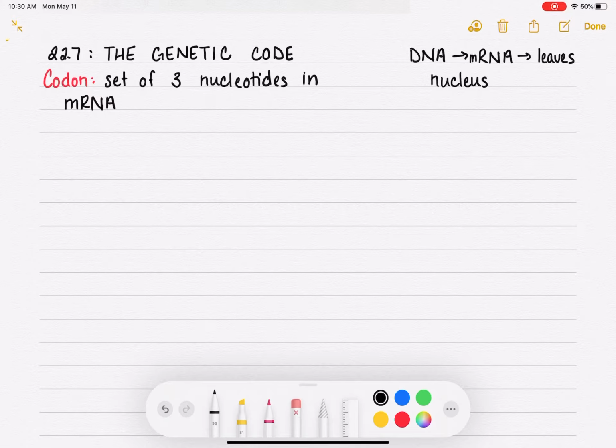And each codon, each set of 3, codes for a specific amino acid. And this sequence of codons in the mRNA molecule is what we refer to as the genetic code.